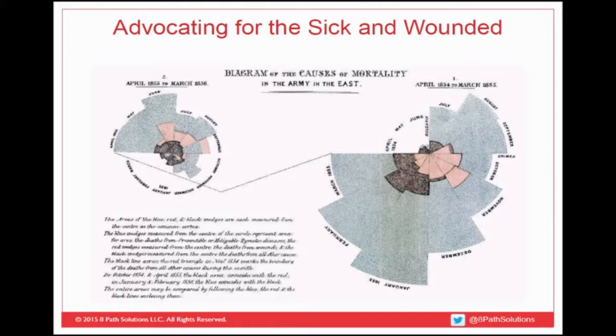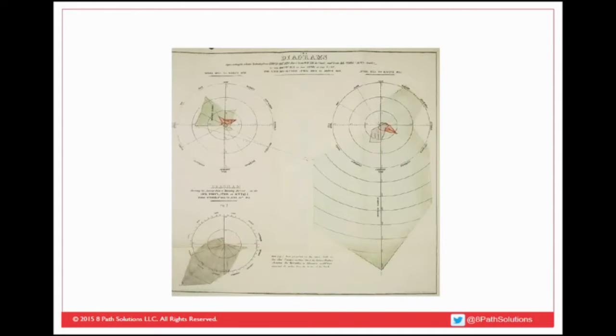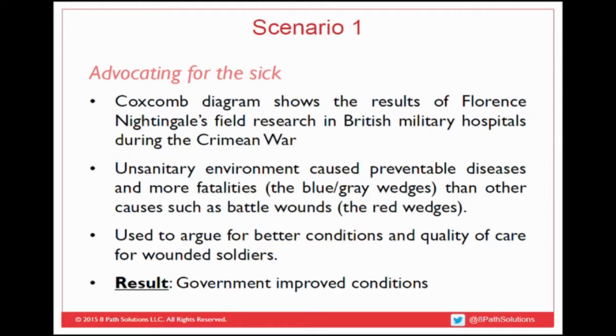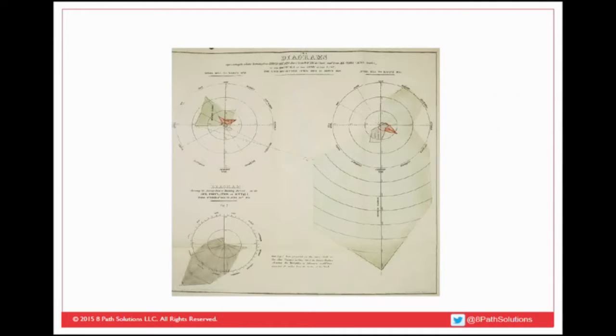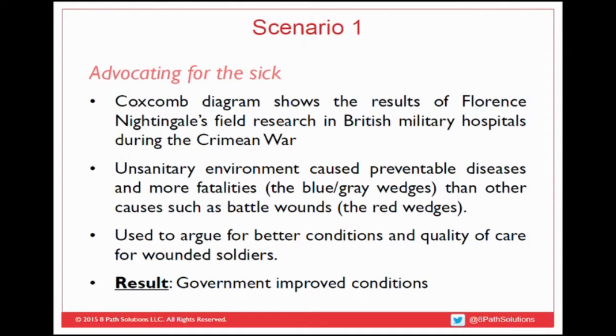In this case, what this visualization actually visualized is, in fact, the information we saw earlier: the number of deaths over a 3-year period and the cause of the death. And here's a nice image of how she visualized that. What she did was she actually had field results, research of British military hospitals during the Crimean War.